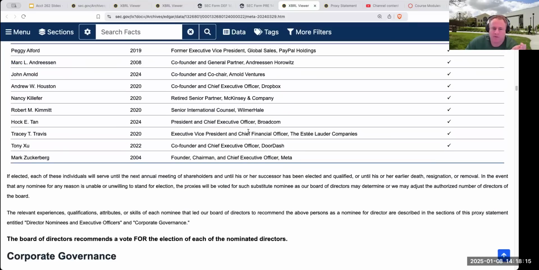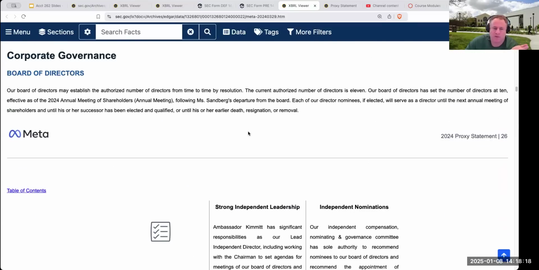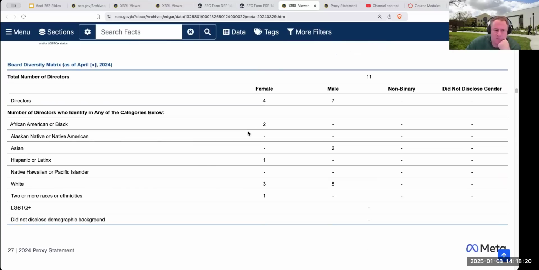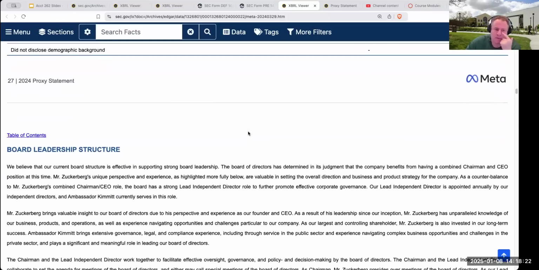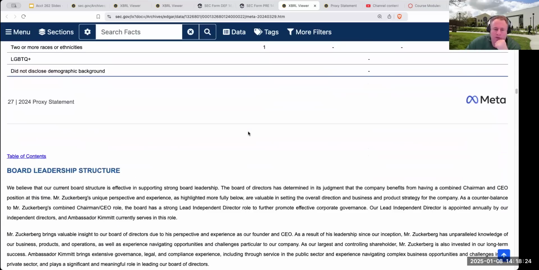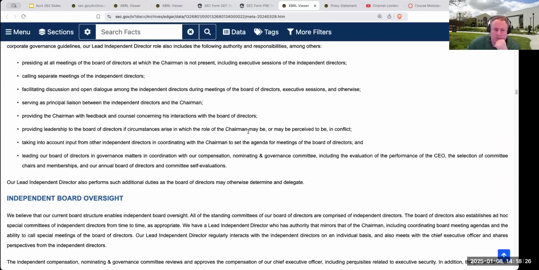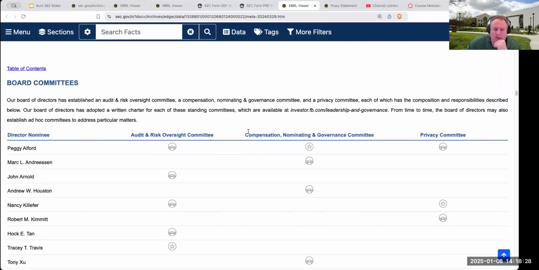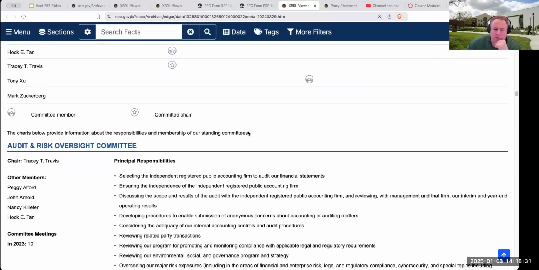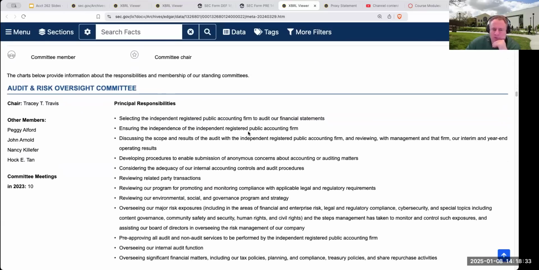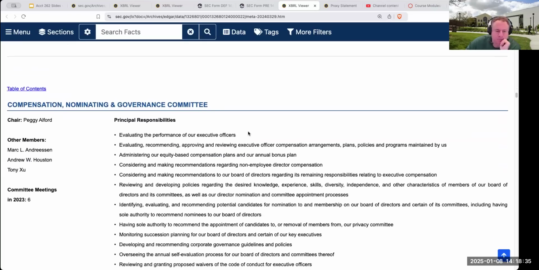And then over here, you see the proposals of these. And then you've got different corporate governance items over here: board leadership, independent board oversight, who's everybody working on here, audit and risk oversight committee.